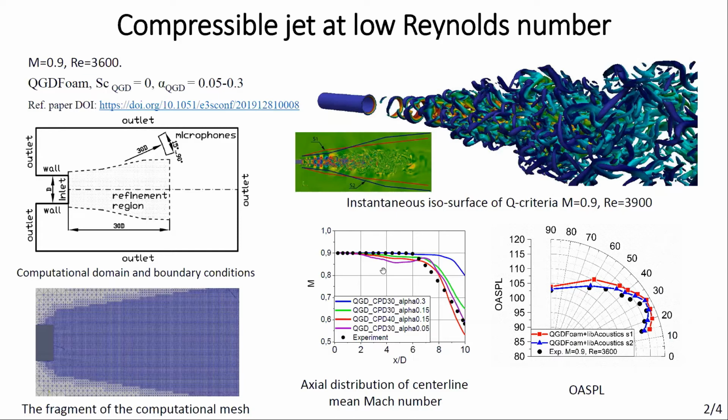These graphs show the axial distribution of the centerline mean Mach number. You can see that alphaQGD equal to 0.05 is in good agreement with experimental data.